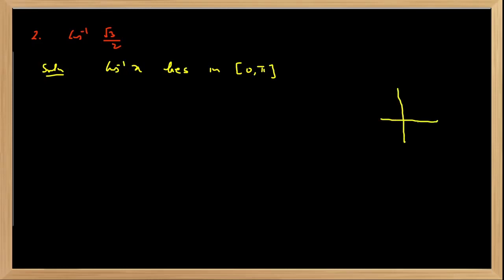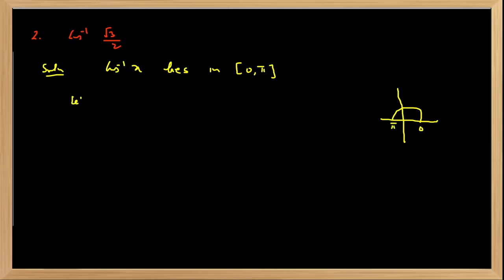Next question. Cos inverse root 3 by 2. Cos inverse of x lies in the closed interval 0 to pi. 0 to pi is the first and second quadrant.